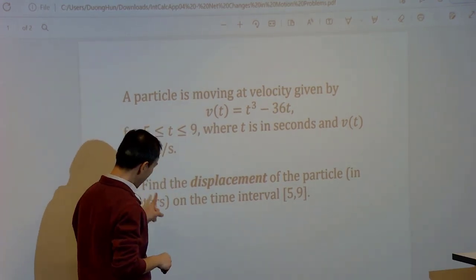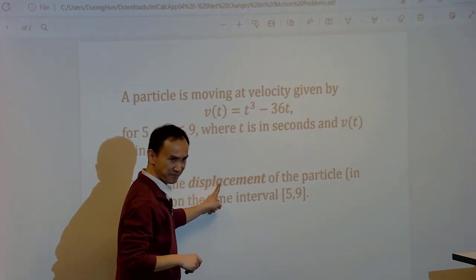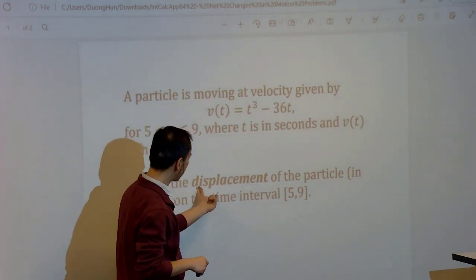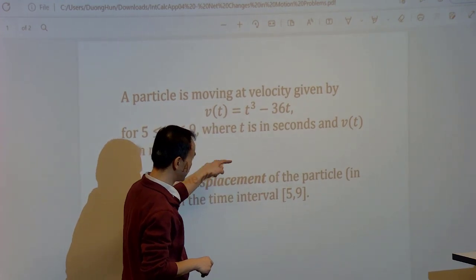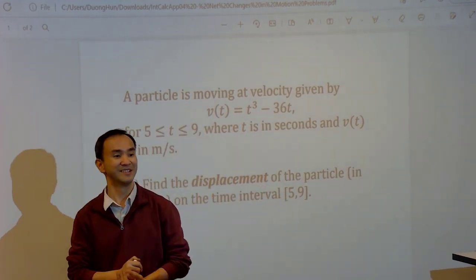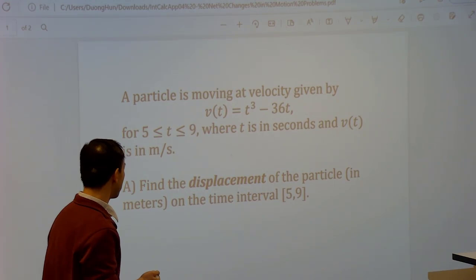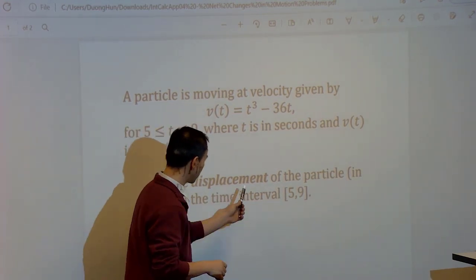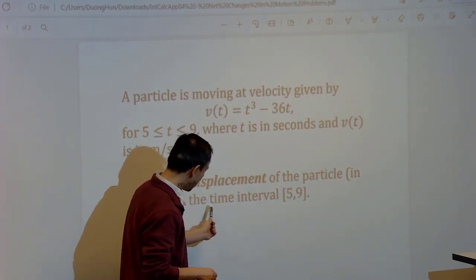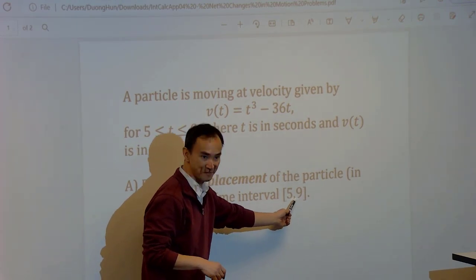And so now, question A, we want to find the displacement. Okay? So displacement, in my explanation earlier, is the change in position. Right? It's the change in position of the particle. So we want to find the change in position over that time interval from 5 up to 9. See what I'm saying?